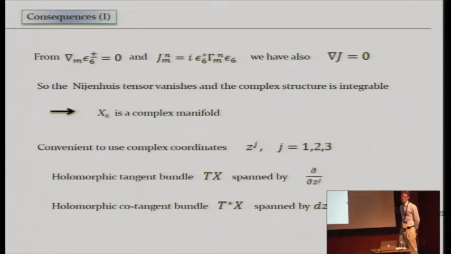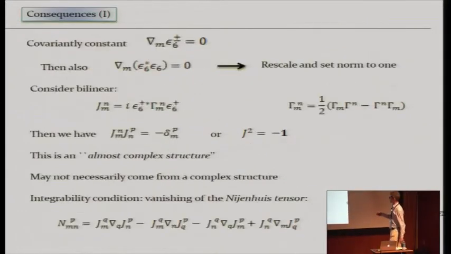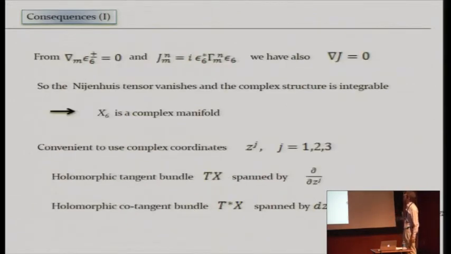If you go back to the Nijenhuis tensor, you see that all these things are proportional to a covariant derivative, and therefore they all vanish. So in the situation at hand, where we have a covariantly constant spinor, this tensor actually does vanish. This complex structure is integrable, and therefore X6 actually is a complex manifold.